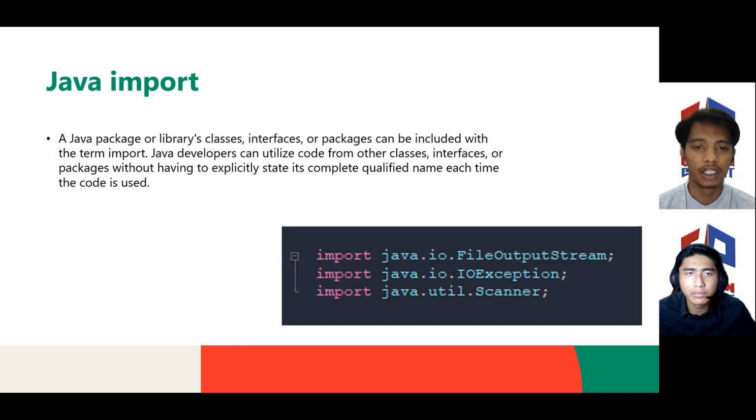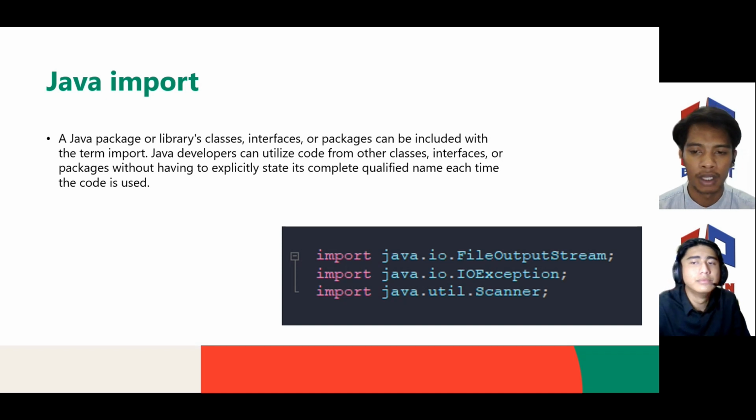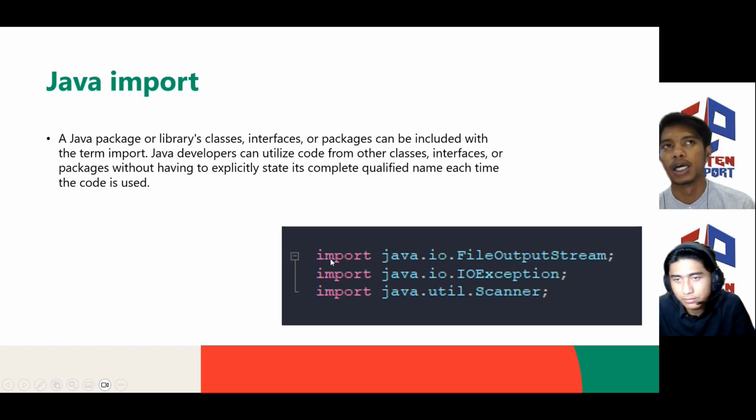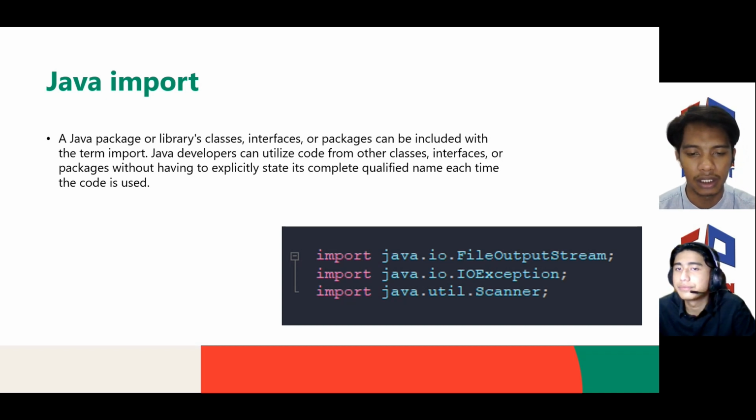So Java developers can utilize code from other classes and interfaces without having to explicitly state its fully qualified name each time the developer uses it. As we can see here, this is the sample photo I screenshot from my code, in which I use three imports. The first one is FileOutputStream, the second one is IOException, and the third one is java.util.Scanner.